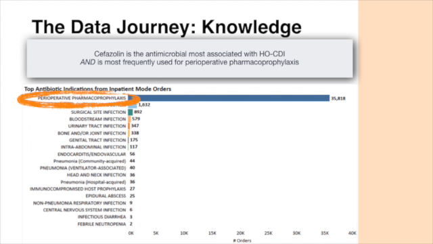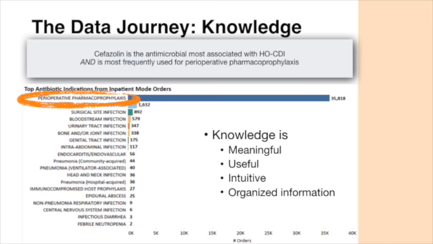By organizing these data together, we are able to provide meaning that the use of cefazolin for perioperative pharmacoprophylaxis may be leading to increased cases of hospital-obtained C. diff. Knowledge is meaningful. Knowledge is useful. Knowledge is intuitive. Knowledge is organized information.